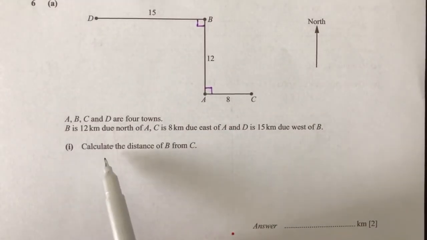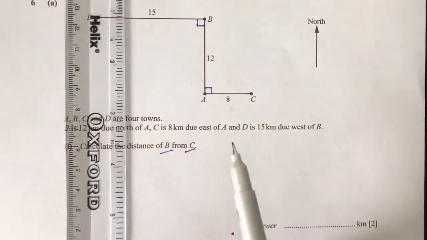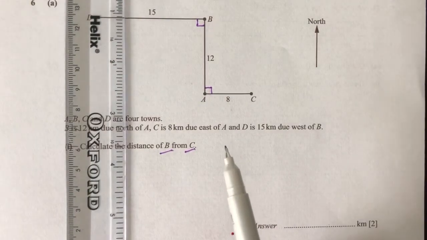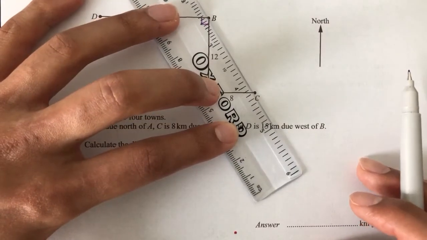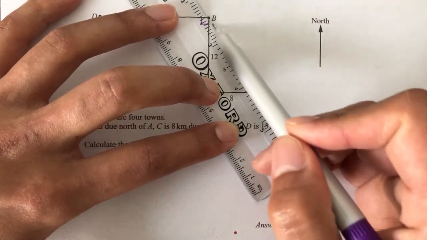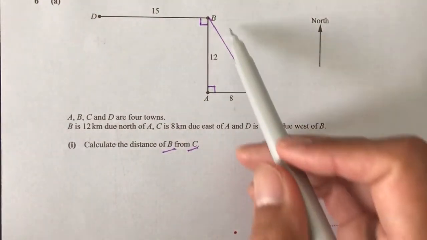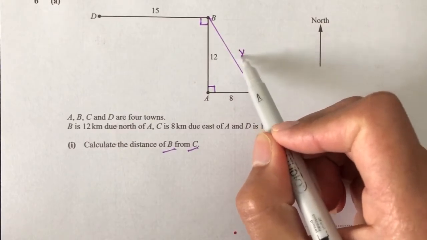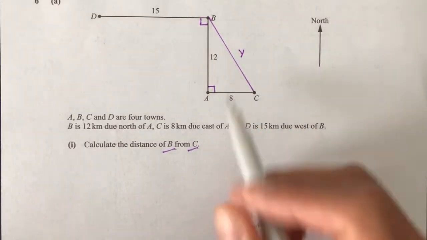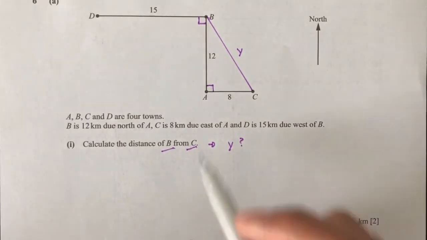Question part 1: calculate the distance B from C. Let's join these two to find the distance. So BC will be this line. As you have seen, this is a right angle triangle, and let's call BC Y. We have to find the length of Y, so we use the Pythagoras theorem.